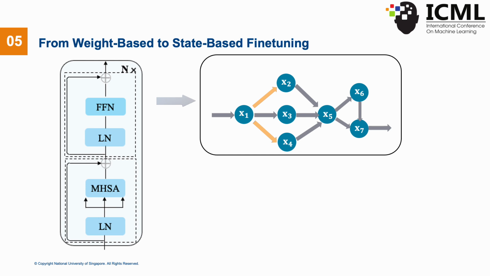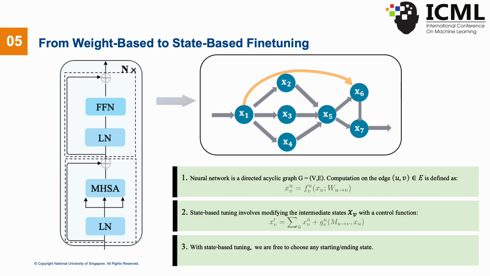But what we can do is actually more than that. We can even reroute the graph. For example, we can add a new edge from the state x1 to x6 in case x6 needs direct input from x1. So in other words, the neural network is now considered as a directed acyclic graph, where computation is totally based on the states.